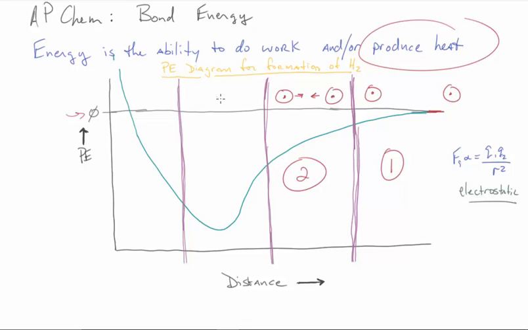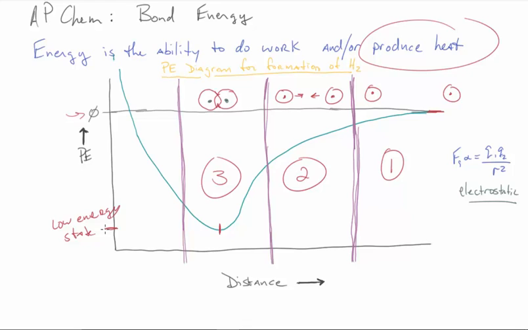Let me go back to my red. This is my third scenario, and now we see they have overlapped. They have reached this perfect low energy state, and that needs to be notated on here. This is a low energy state, and this is where the bond is formed.